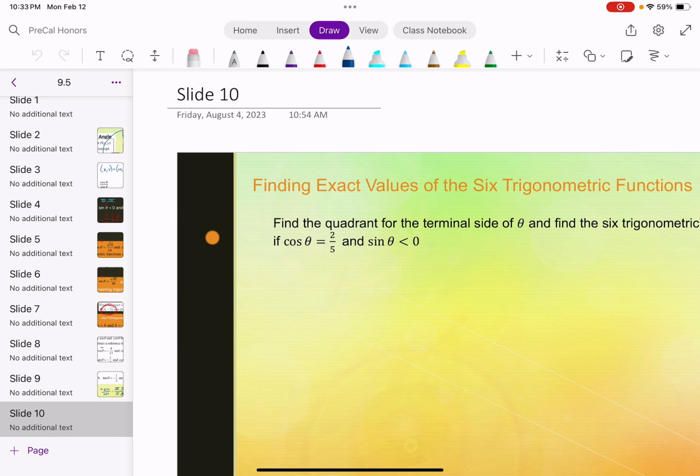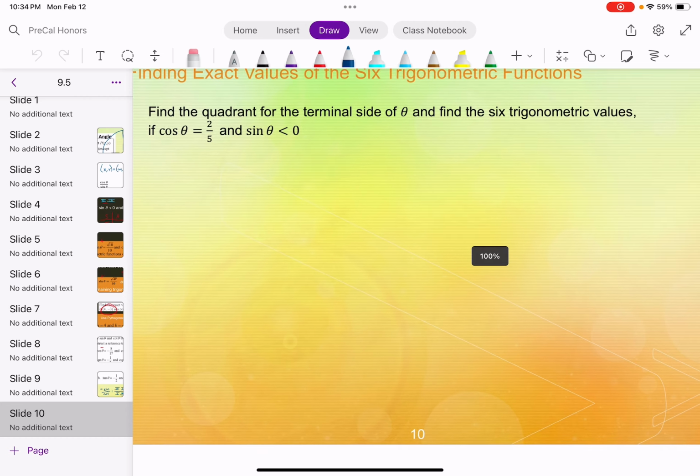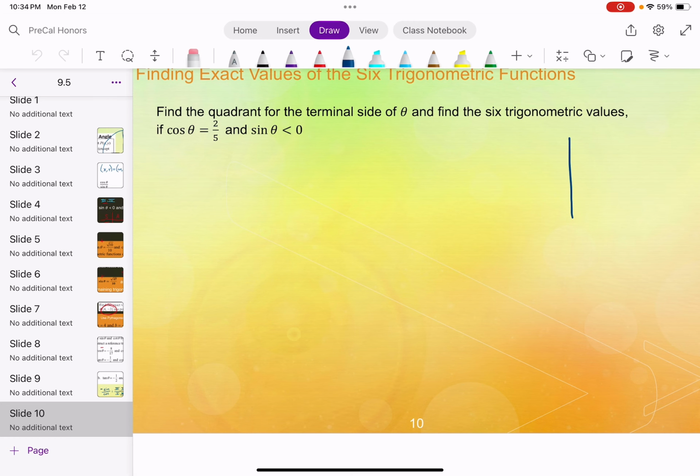In our final slide, we're going to take a look at, find the quadrant for the terminal side of theta, and find the 6 trigonometric values if cosine is equal to 2/5 and sine of theta is less than 0. So the first thing that we're going to do is go ahead and label everything that we have. Off in the corner, we know that all students take calculus.